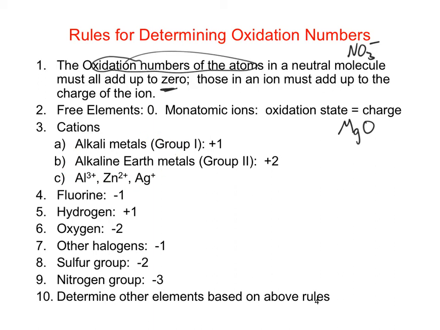So for example, if I made sodium hydride, sodium is an alkali metal, so it gets the charge and oxidation state that it wants. So the sodium is +1. Well, in order for this whole thing to be neutral, the hydrogen has to adopt an oxidation state of -1. So then when I do the +1 and the -1, I get 0.